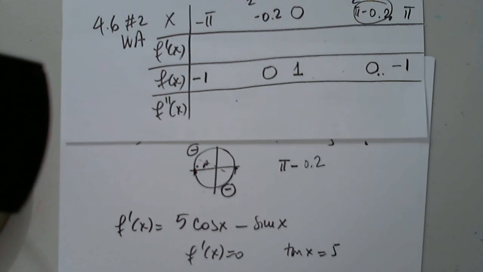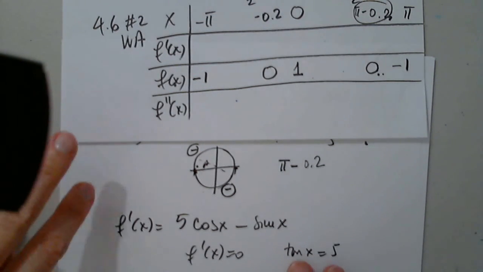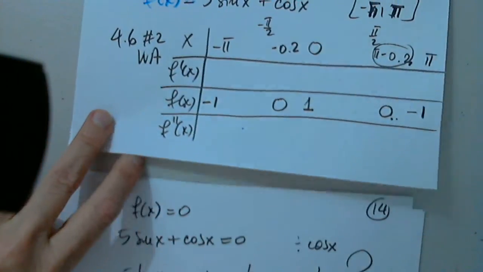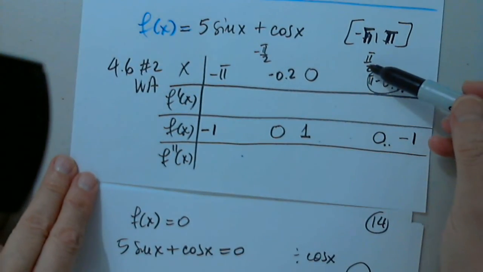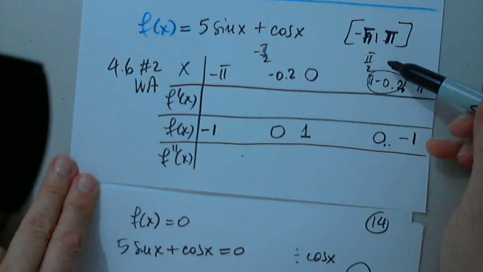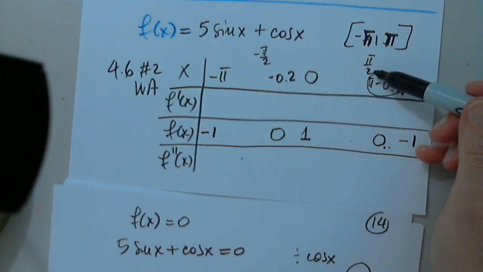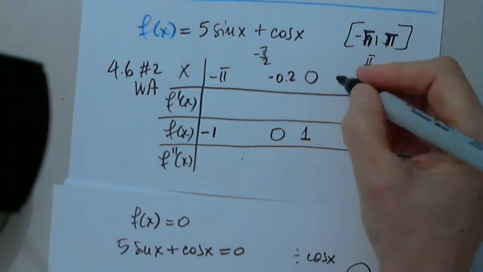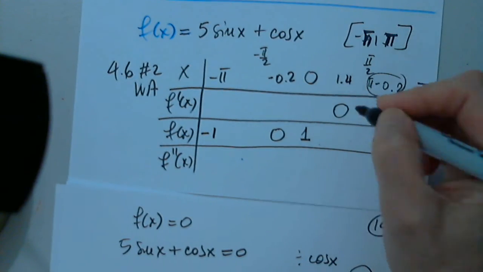So there have to be two angles, one in the first and one in the third. So this is in radians, 1.4 roughly. Where is my 1.4? 1.4 has to be pi minus 0.2, so 1.4.